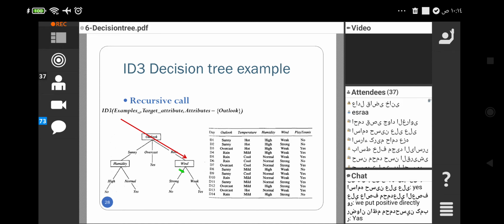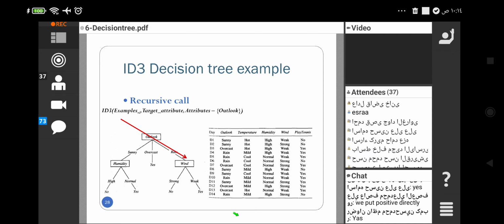When we calculate the gain, we calculate it only in the data where outlook is equal to rain. It's 5 data: D4, D5, D6, D10, and D14.